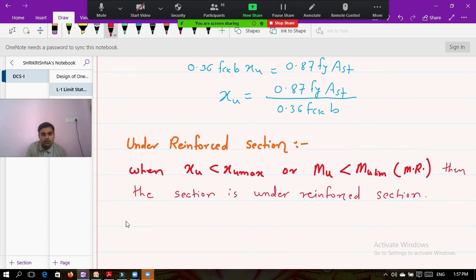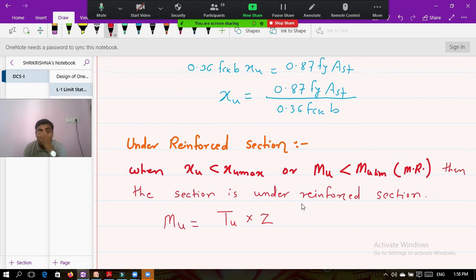Okay. Now in under reinforced section, if you want to calculate the Mu, then it can be calculated as TU into Z. Under reinforcement, what reinforcement is less. So AST is less, reinforcement is less.